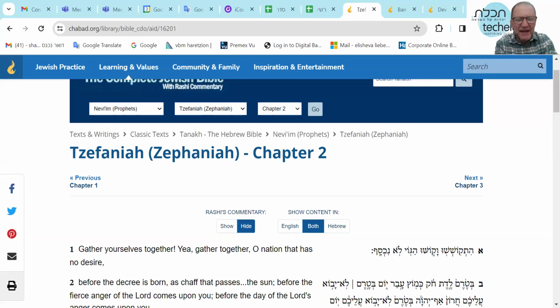Yea, gather together, O nation that has no desire." That's not a great translation of Hitkosheshu. I looked up all sorts of translations and it all says the same thing, one way or another, to gather yourself together. But this Gemarah translates this word Hitkosheshu, Vakoshu, as something else completely. Let's go back to the Gemarah.